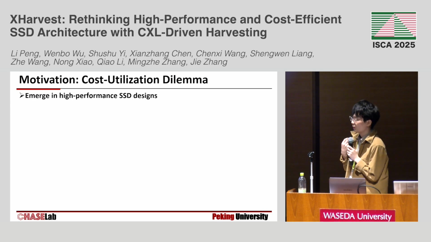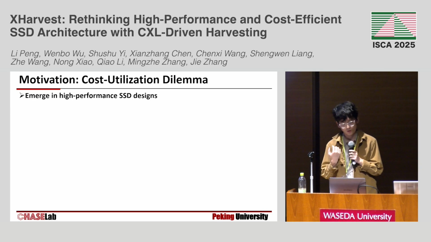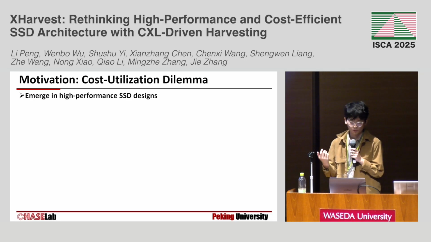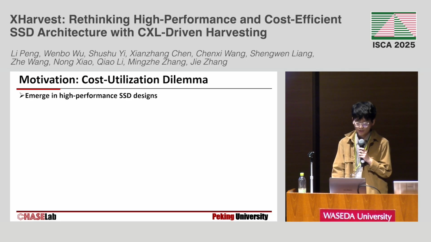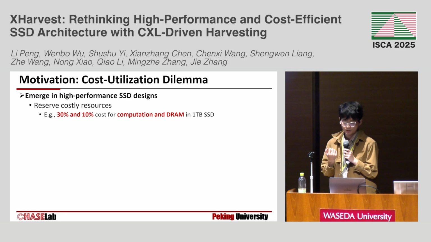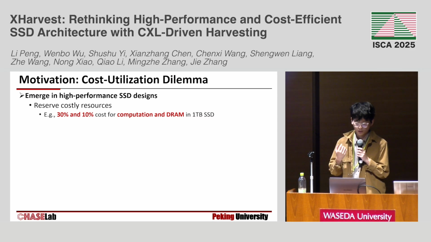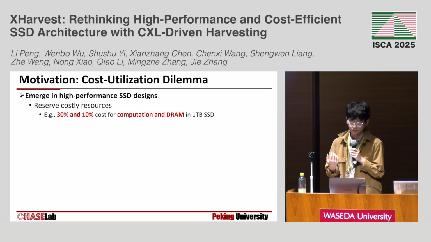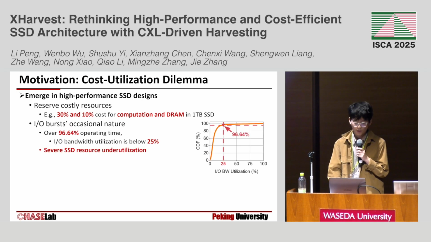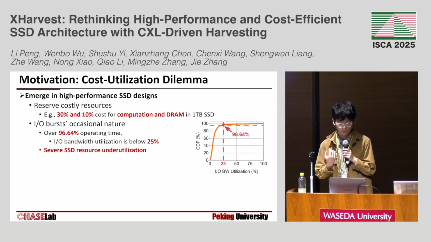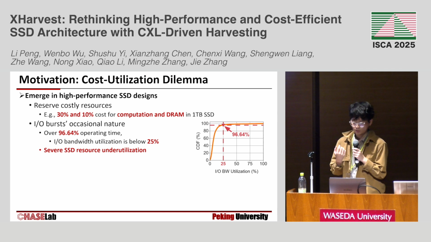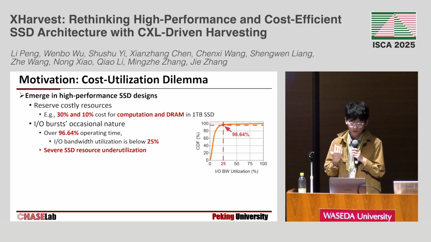However, we observe a critical cost utilization dilemma emerging in high-performance SSD designs. SSDs reserve costly resources to serve the I/O burst, like 13% of the total cost for computation and 10% for DRAM. But the occasional nature of I/O burst in the data center results in serious resource underutilization.